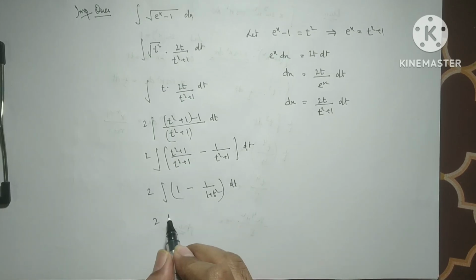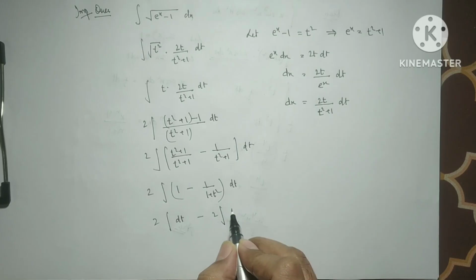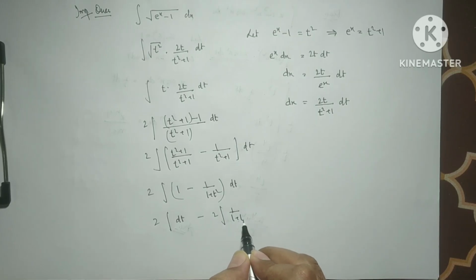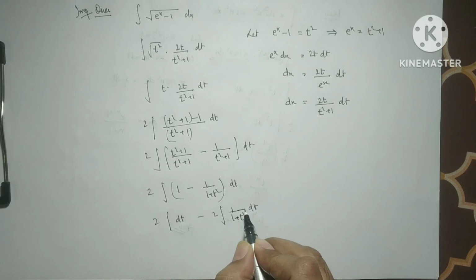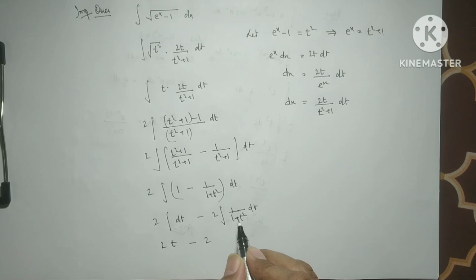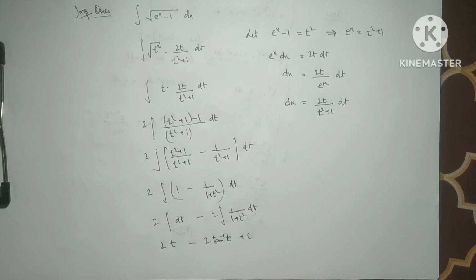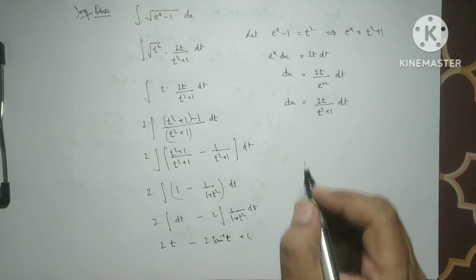And when we separate this, now both integrals are in standard form, so we can directly place the answers. So it is t, and this is twice of tan inverse t. And we put the value of t. t is under root of e to the power x.